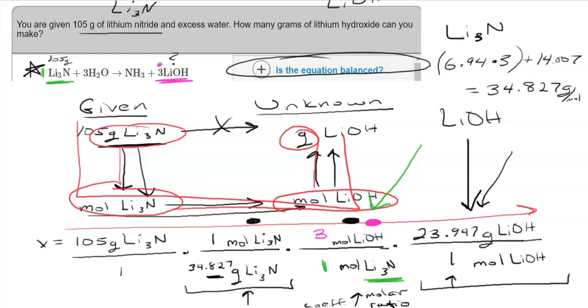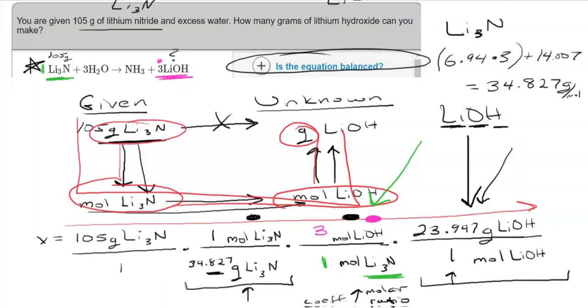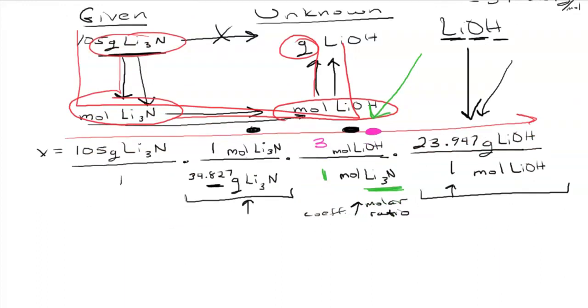I just added up the weight of 1 lithium, 1 oxygen, 1 hydrogen from the periodic table. So let's cancel our units. I'm going to scroll down here and give you guys some more space to see this. Grams of lithium nitride are gone. Moles of lithium nitride are gone. Moles of lithium hydroxide are gone. And the only unit I'm left with at the end is grams of lithium hydroxide.